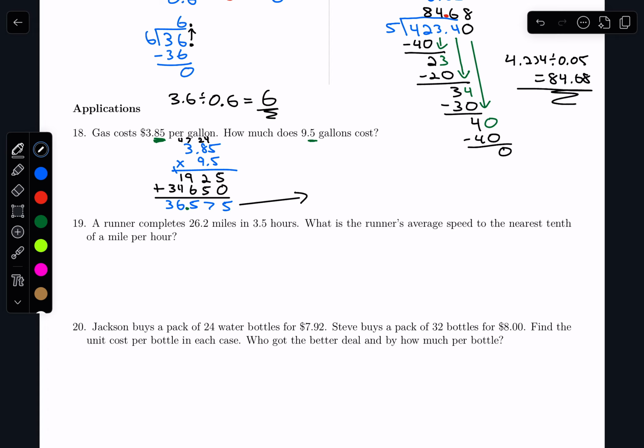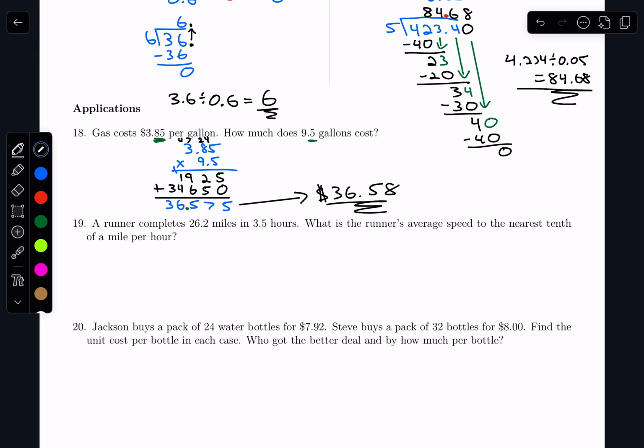If the price comes out to 0.575, you're actually going to pay 58 cents, not 57.5 cents. So we're going to round this to the nearest hundredth and make it $36.58, the actual price we're going to pay. So real life context here tells me to round to the nearest hundredth whenever it's money.